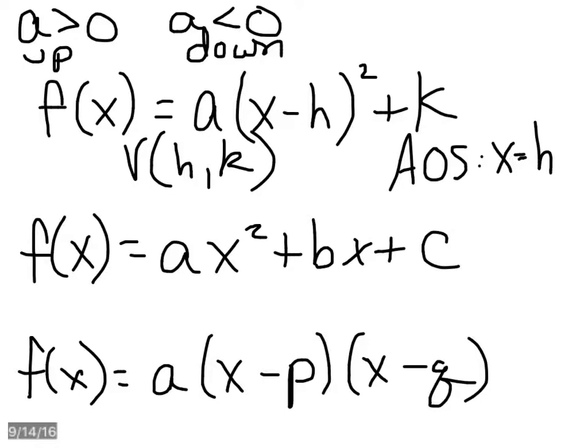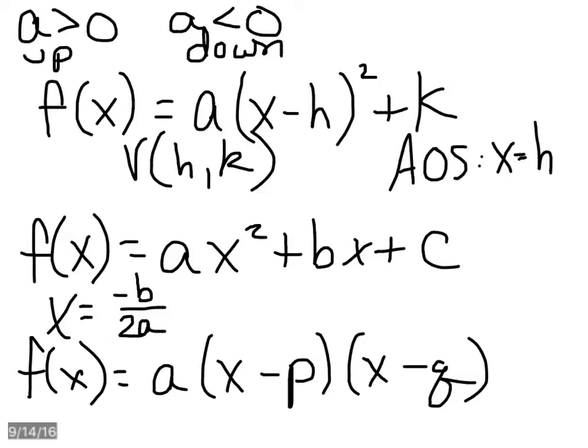You spent a lot of time on this yesterday. Negative b over 2a. That gives you the x coordinate of the vertex. What else is the x coordinate for all these? Do you remember, Hunter? No?